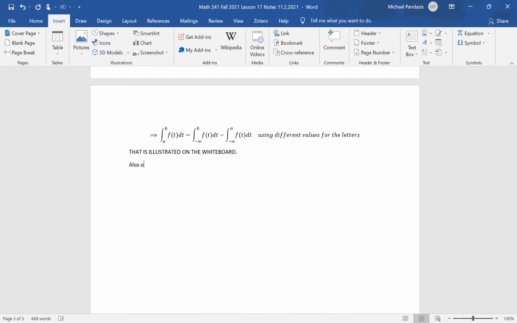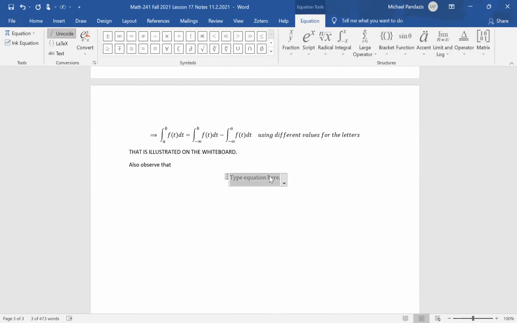Okay, so also observe that if you take the limit as c approaches 0 of the probability that x minus c is strictly less than capital X, less than or equal to x, this is equal to the limit as c approaches 0 of the integral from x minus c to x of f of t dt.